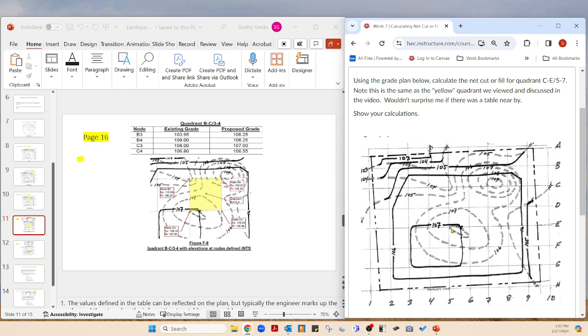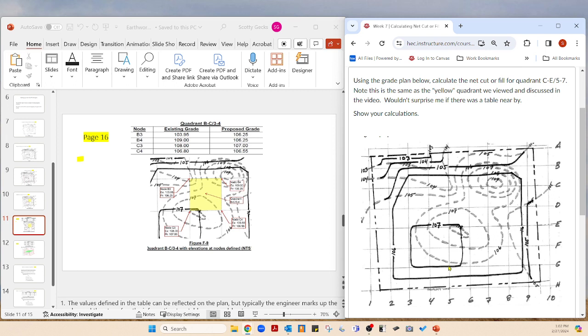Let's decide what proposed grade is right here. So we would interpolate halfway between these two 107s, which would put us basically right here. So that would be 106. Can we say 106.5? Up here is, where was I? Oh no, 107. I'm doing proposed grades.